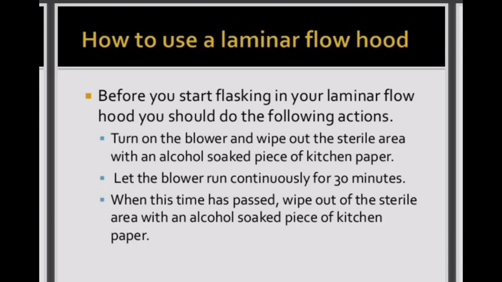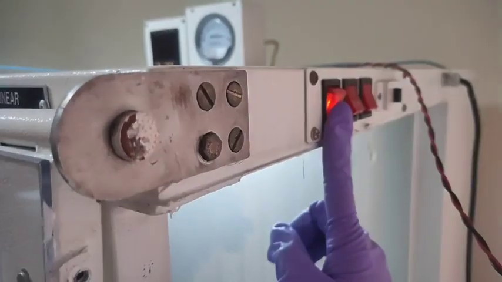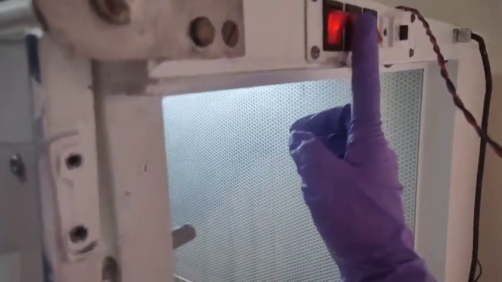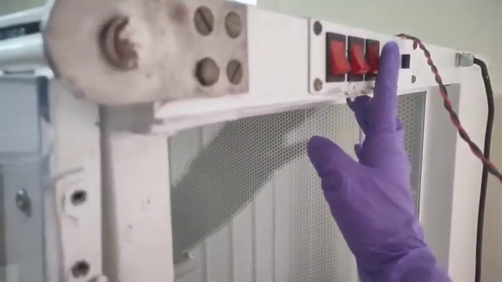Before starting the work inside the laminar hood, make sure you have turned on the UV lamp for 15 to 20 minutes and then run the blower for 30 minutes. Over here you can see 3 switches. The first one is for the lamp, the second switch is for the blower, and the third one is for the UV light.